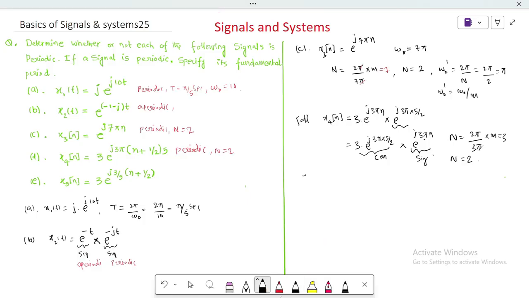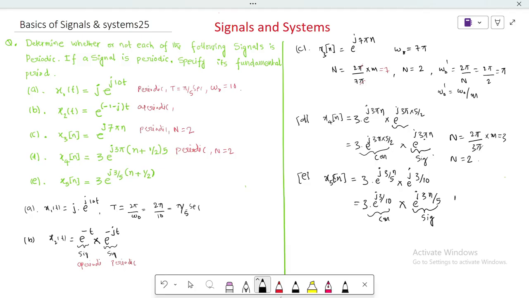The last problem, x5 of n. So this is a constant, so this is a signal, is it?